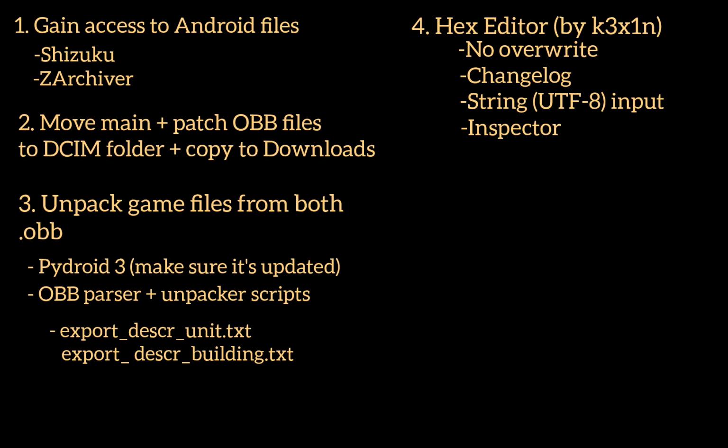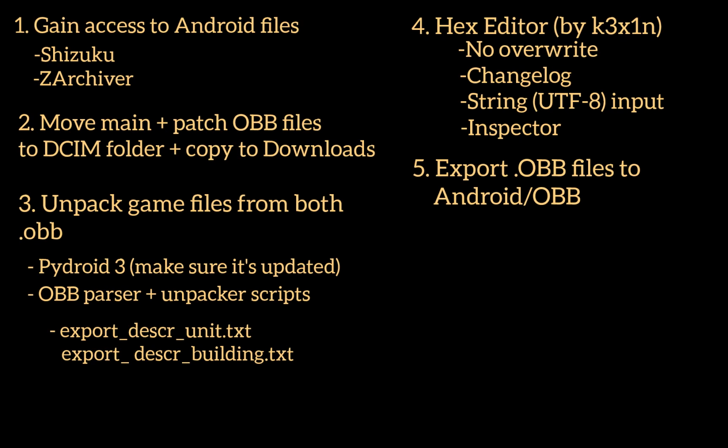Of course, stability is also needed, as I've lost hours of work with some of the other editors out there. And finally, after making edits to the OBB, we export the changes and place the files back into the Android/OBB folder, and we're ready to test.